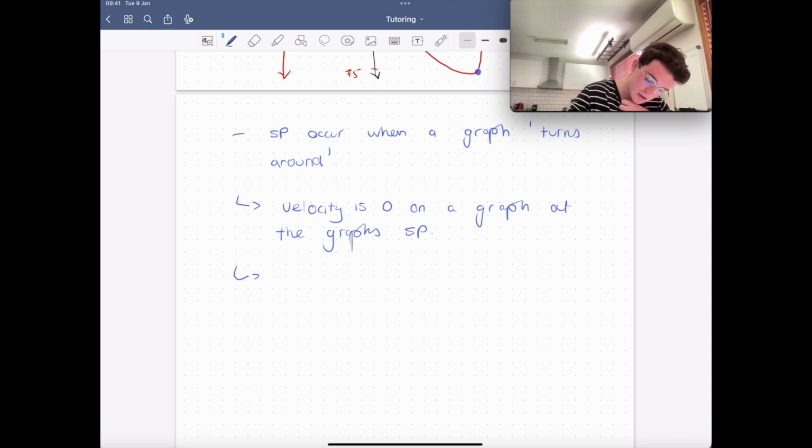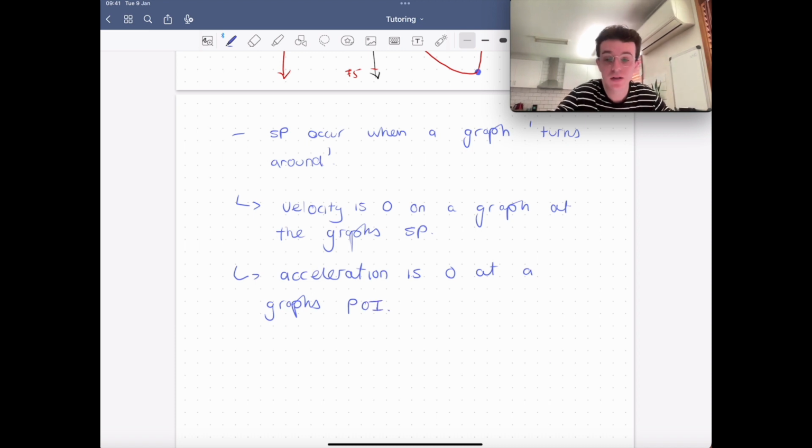We also might know that acceleration is 0 at a graph's points of inflection. So we know acceleration is the second derivative. So acceleration must be 0 when the second derivative is equal to 0, which is another way of saying that it's 0 at the points of inflection.